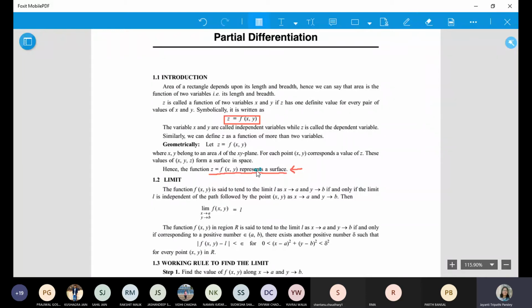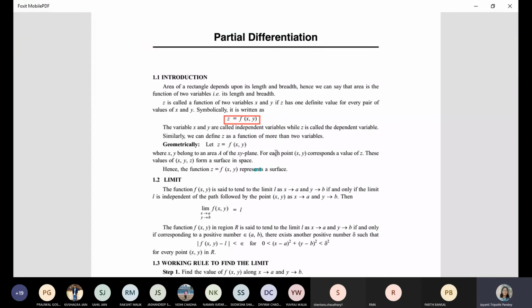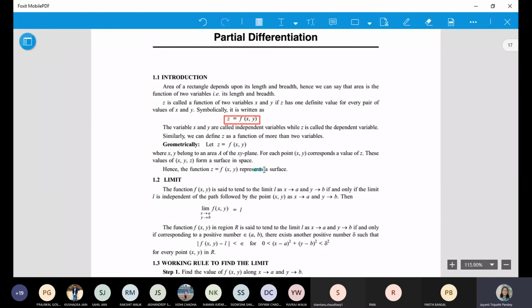Next, what we have to do, as you know, when we were talking about limit in two variables, when I say two variable, I simply mean one dependent and one independent variable.